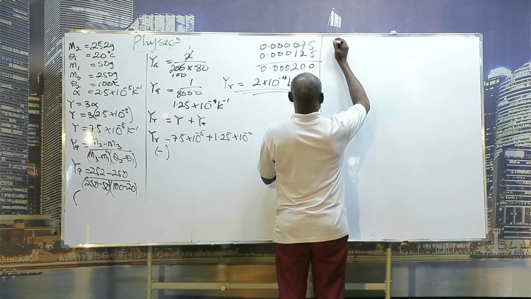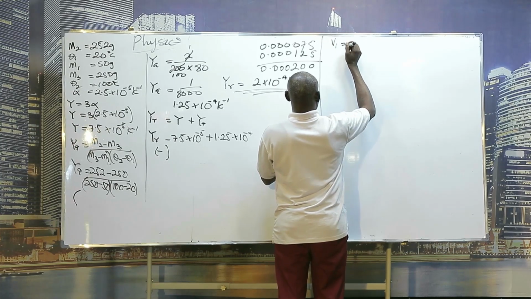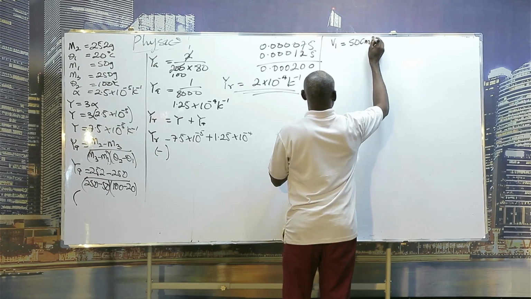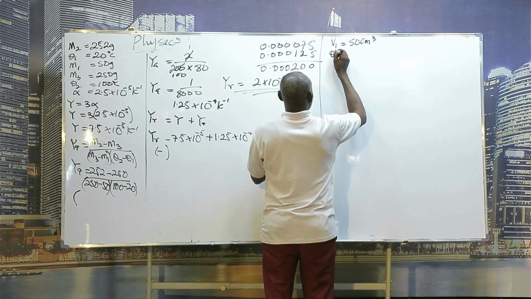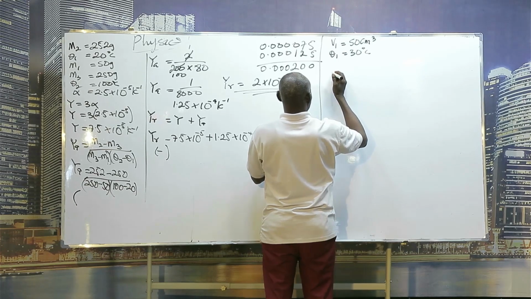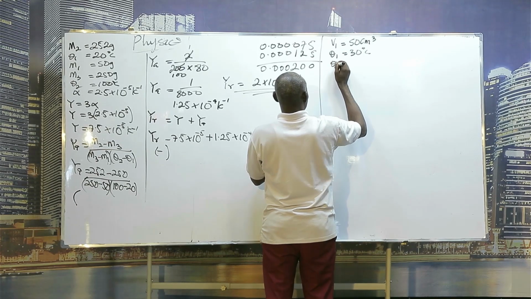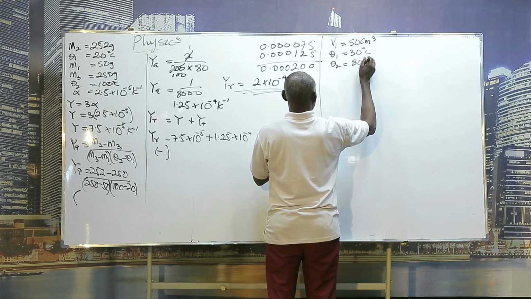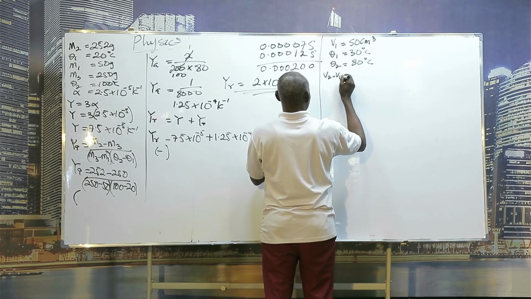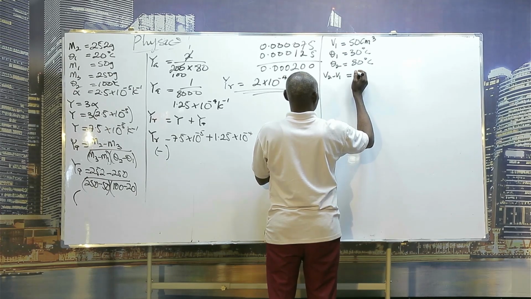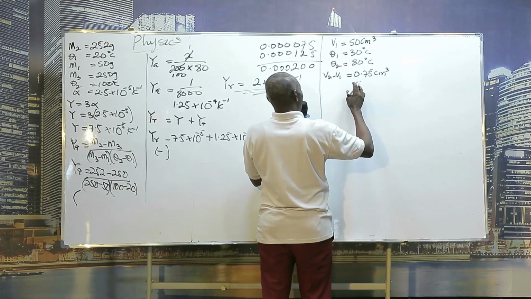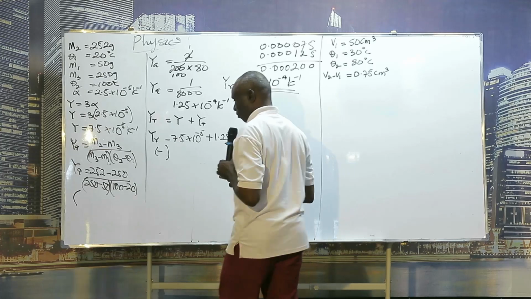V1. What is it? 50 cm cube. Next one. Theta 1 is what? 30 degrees C. Theta 2 is what? 80 degrees C. V2 minus V1 is given as what? 0.75 cm cube.